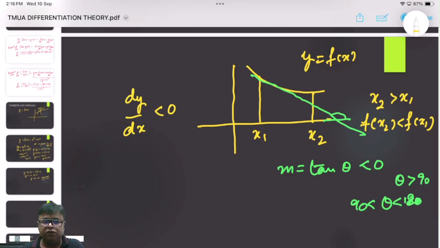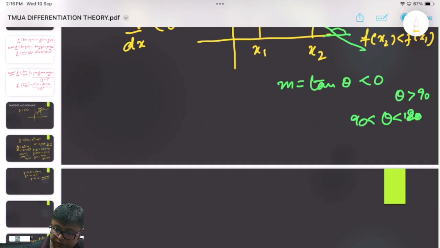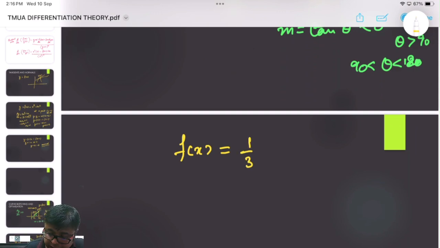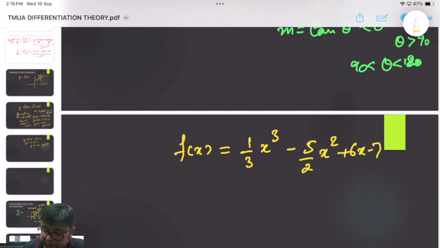Just to make sure how we solve it if a question is given to us, suppose f(x) is equal to 1 by 3 x cube minus 5 by 2 x square plus 6x minus 7. Suppose this is the function, and we have to find the interval where it is increasing or decreasing.